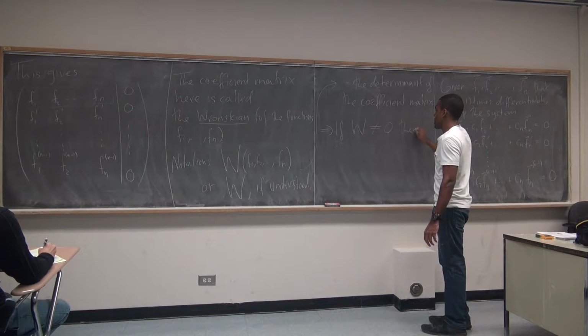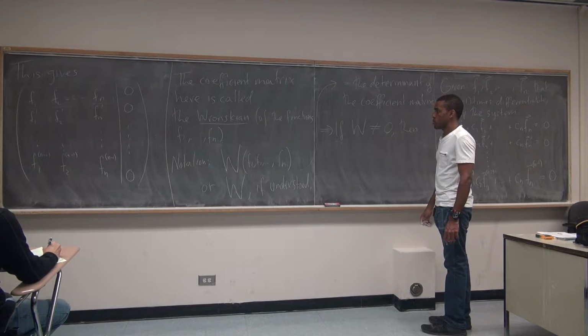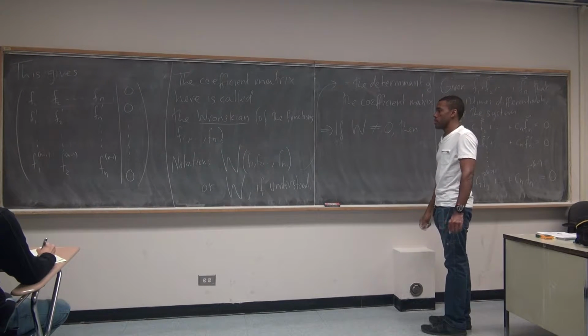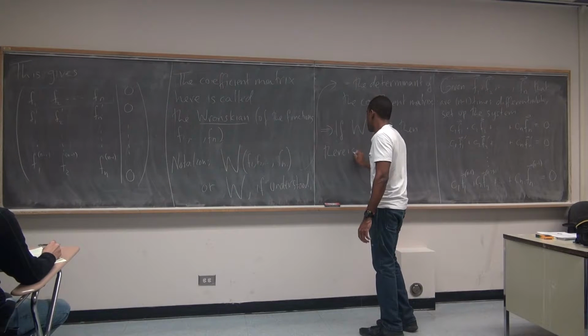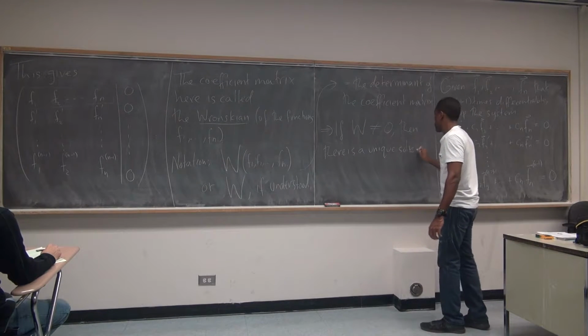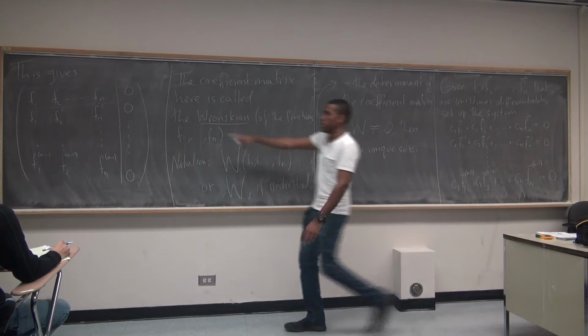Then what does that mean? Independent. If it's equal to 0, it will be dependent. Okay, if it's not 0, tell me why it's independent. Not being 0 means what? A unique solution. That's the trivial solution. But we know that the 0 solution works because it's a homogeneous system.